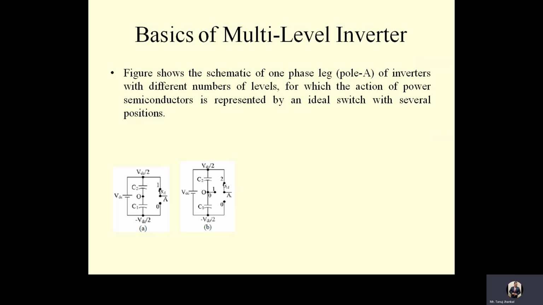For a 3-level inverter, the pole voltage levels minus VDC by 2, 0 and VDC by 2 can be attained by the corresponding switching function values 0, 1, 2 respectively. In a similar way, for a 5-level inverter, the pole voltage levels minus VDC by 2, minus VDC by 4, 0, VDC by 4 and VDC by 2 can be attained by switching function values 0, 1, 2, 3, 4 respectively.